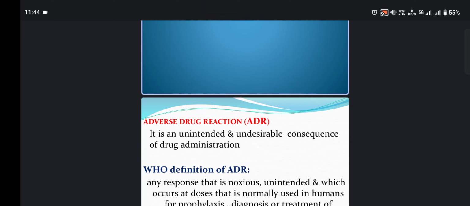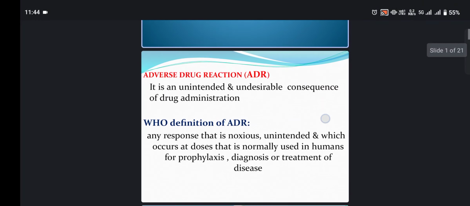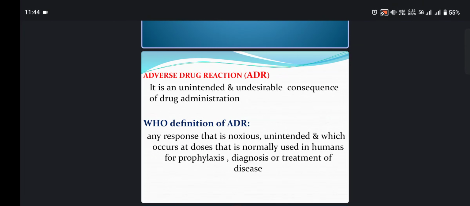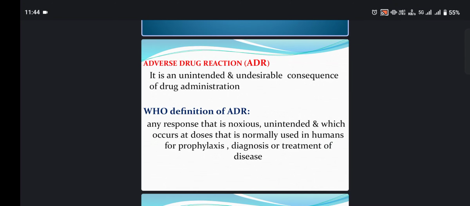It means if a physician prescribes a medicine to a patient, and after being administered that particular drug the patient comes up with other signs and symptoms which are not at all desired or intended by the physician, those reactions are called ADRs.